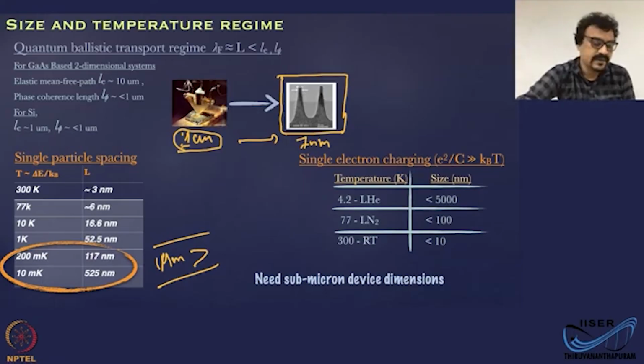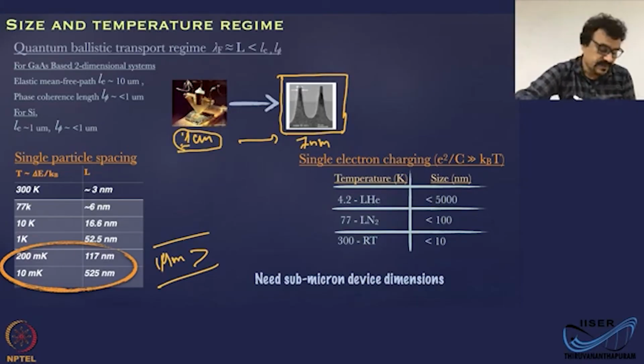Okay. And there is also another aspect, that is the single electron charging phenomena. And these are the length scales and the temperature scales required to observe this. So here also, around liquid helium temperature, you need to go to the order of a micrometer or below to observe the single electron charging phenomena.